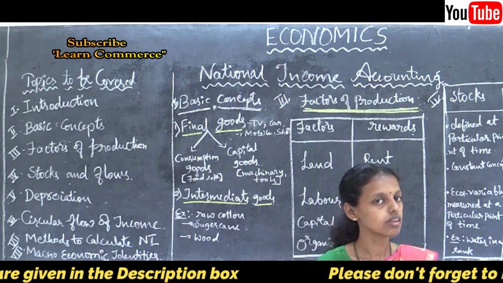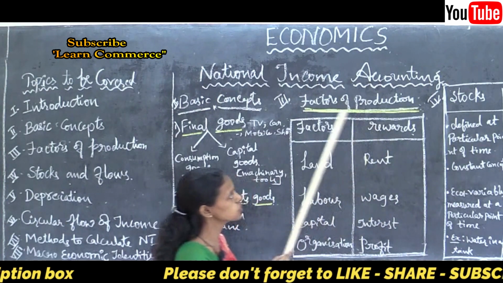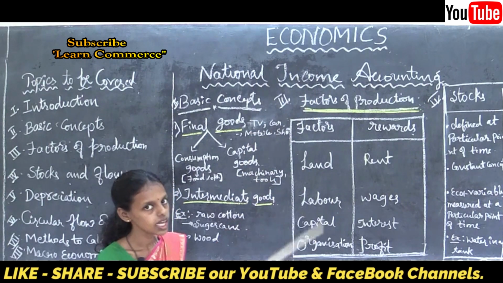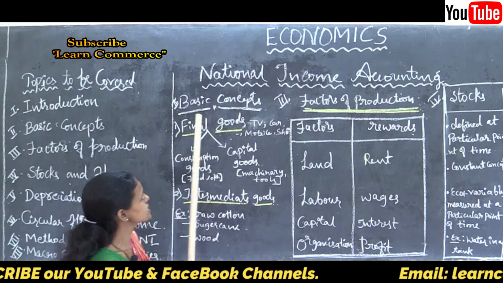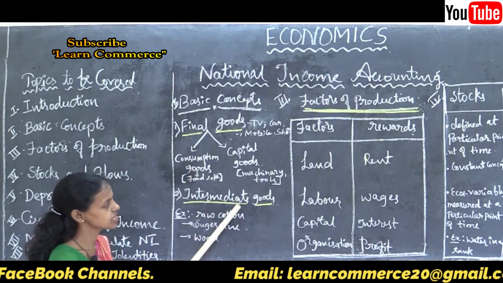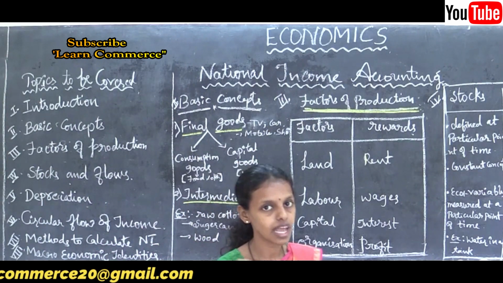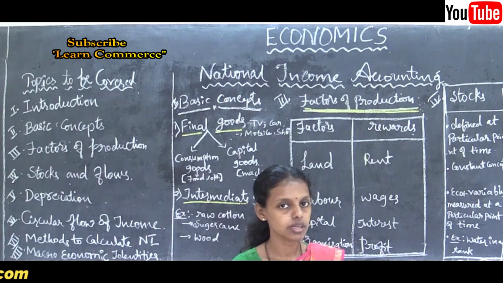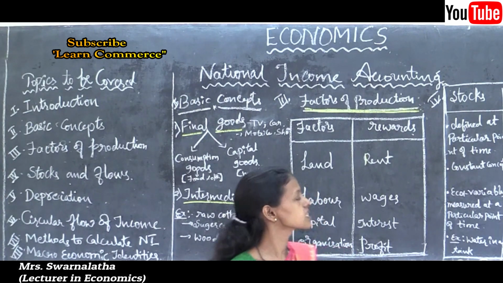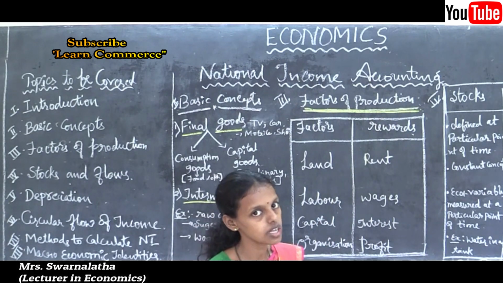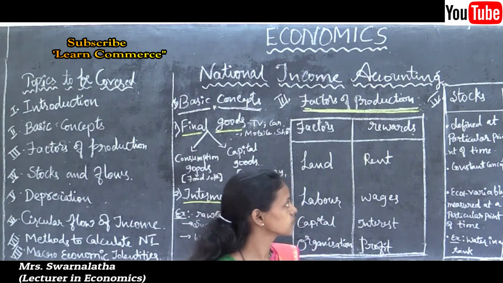Factor payments are also used in calculating national income. Thus the basic concepts include final goods, intermediate goods, and factors of production, which are also included in calculating national income.